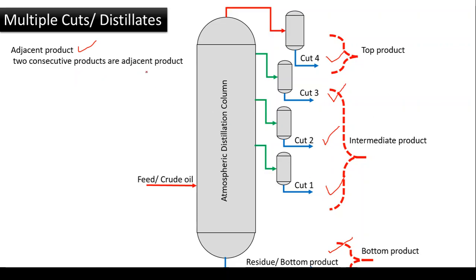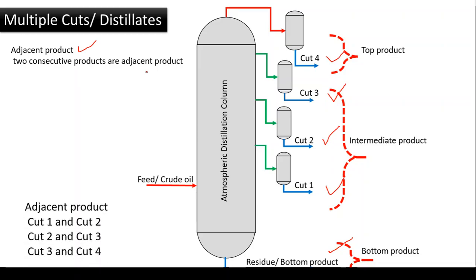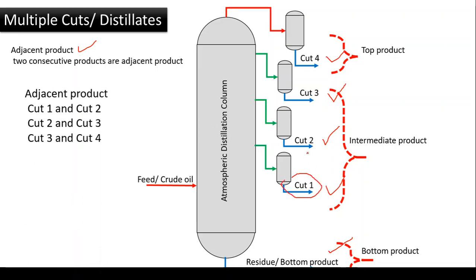For example, cut 1 and cut 2 are considered adjacent products because after cut 1 we can recover cut 2, and cut 2 and cut 3 are adjacent products. Similarly, cut 3 and cut 4 are adjacent products. We cannot say cut 1 and cut 3 are adjacent. No, these 2 are not adjacent products. Only cut 1 and cut 2, cut 2 and cut 3, cut 3 and cut 4 are adjacent products.